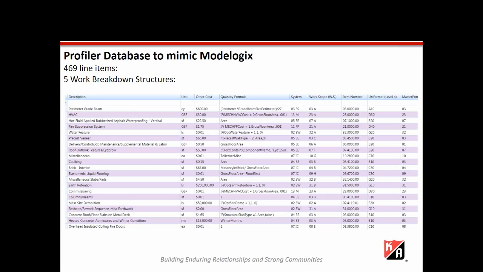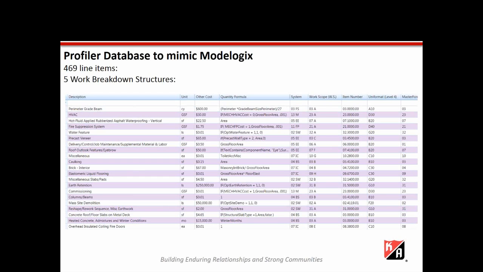So like a lot of you, we wanted to build a database that mimicked our database for cost history, which here at Kraus-Anderson we use something called Model Logics. We took some of the line items from Model Logics and determined which ones would be useful for a conceptual estimate, and we ended up with 469 line items.